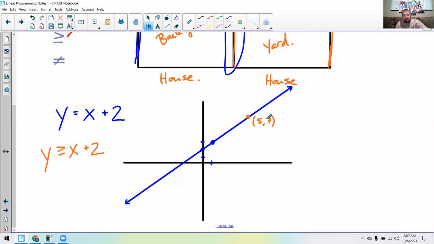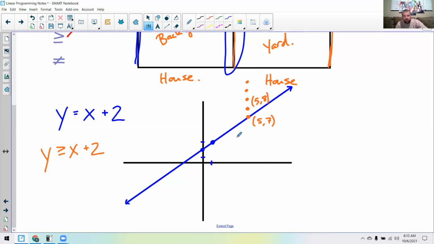So the point 5, 7 still works because 7 is greater than or equal to 5 plus 2. But now this point also works, 5, 8, because 8 is greater than 5 plus 2. This point also works, 5, 9, 5, 10, 5, 11.